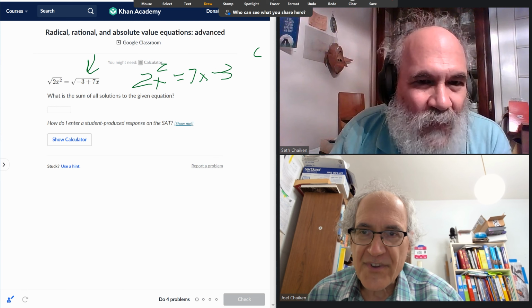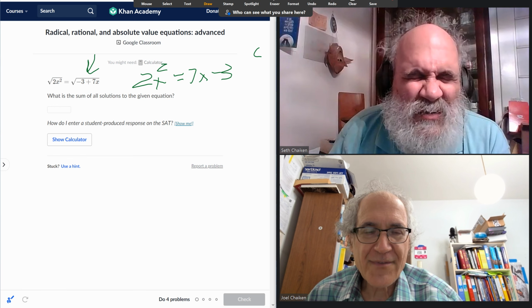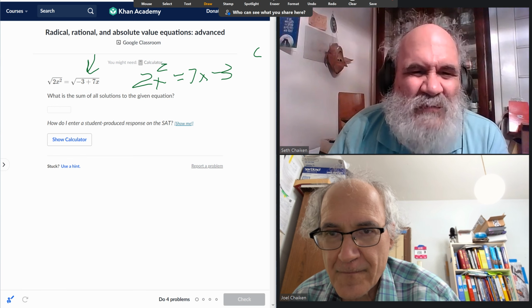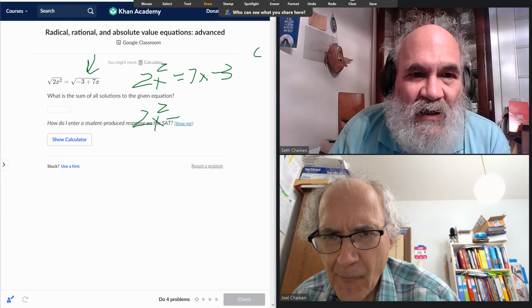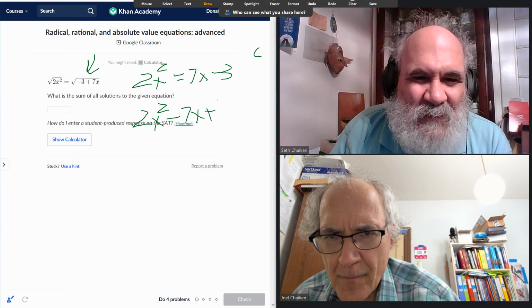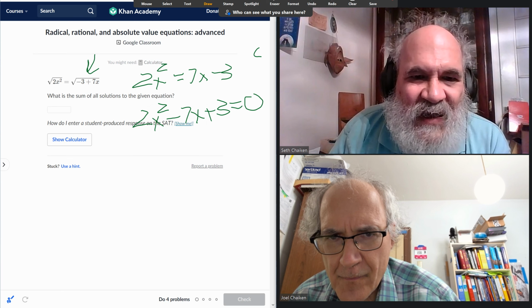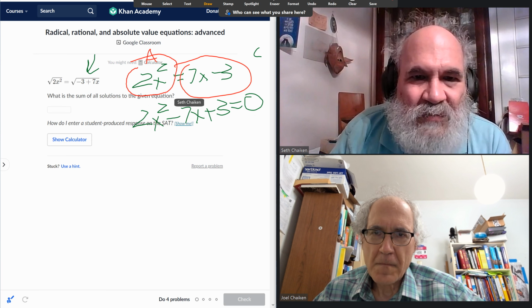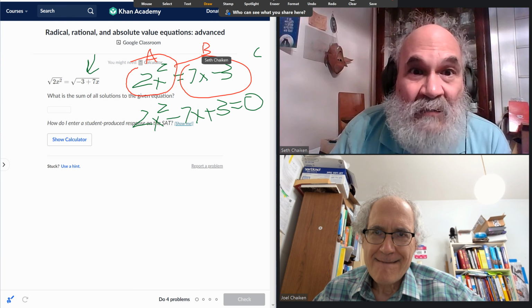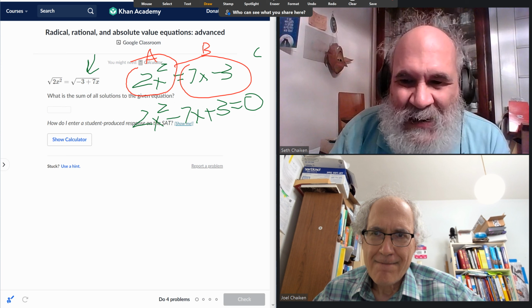Wait, hold on a second. If 2x squared, this side A, is equal to this side B, A and B are the same number, right?